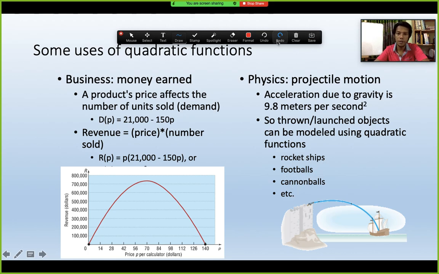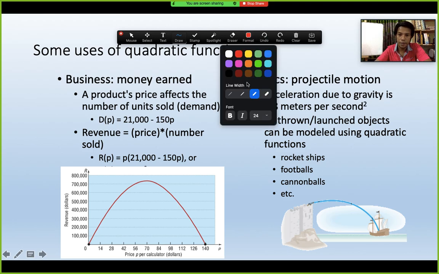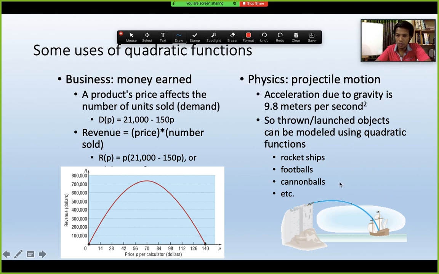If something comes with this kind of shape, then we can discuss it by a quadratic function. Let me tell you, this is interesting. You know that football players like Messi and Cristiano Ronaldo, when they kick the ball, suppose this is the ball, so let's say this is me.